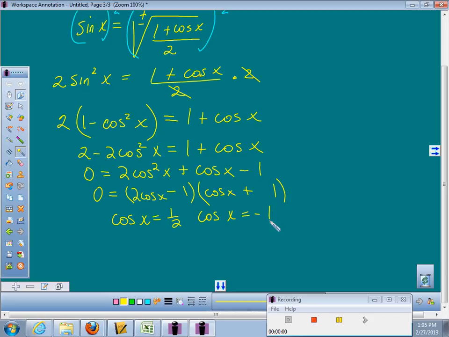Even though we're doing this one in degrees, even though we really could do it in radians, those are special angles, so we're happy. But since we're in degrees, 60, since it said solve in degrees, and we'd be 60 and 300. That's not bad. And then cosine equals -1.